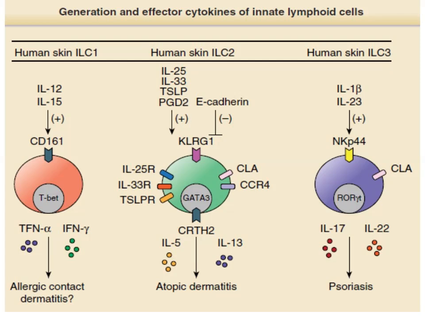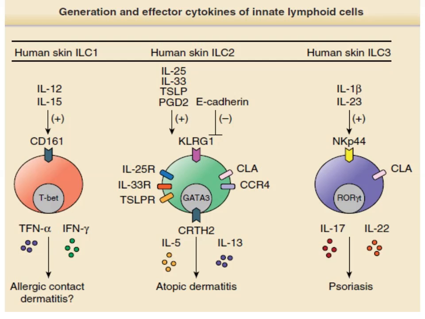ILC2 are activated by the Th2 cytokines IL-25 and IL-33, TSLP, and prostaglandin PGD2. ILC2 express the receptor KLRG1 and CRTH2, CCR4, and receptors for IL-25, IL-33, and TSLP.